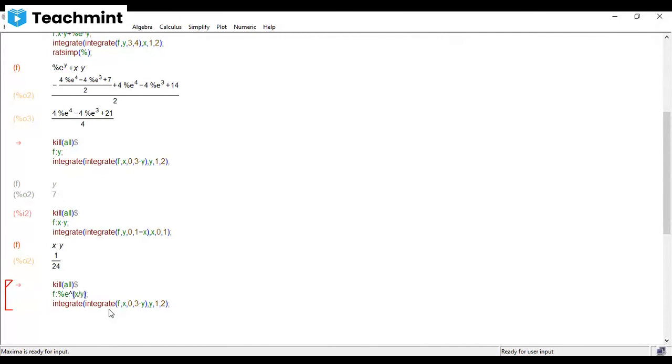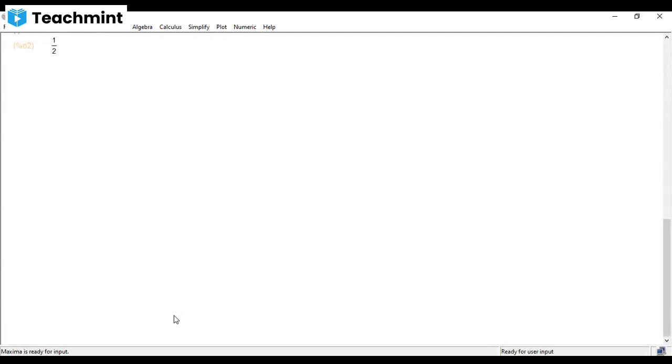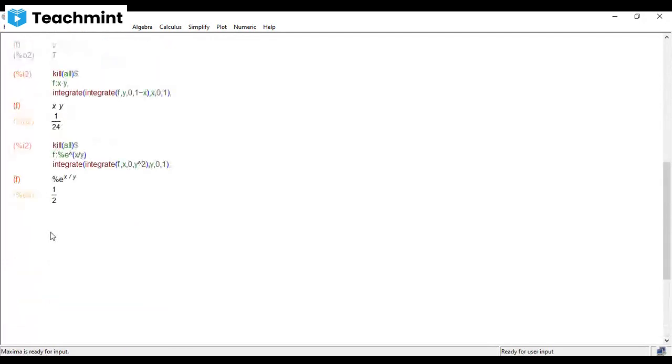First, you have to integrate with respect to x, where x varies from 0 to y cap 2. And your y varies from 0 to 1. The answer is 1 by 2. So this is how you have to evaluate the double integrals using Maxima.